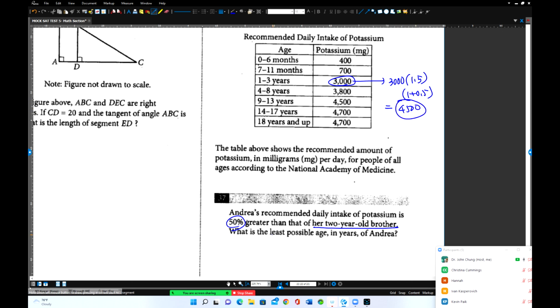But they're asking you to find the least possible age. Where is 4,500 milligrams of potassium? Over here. What's the minimum value? 9 years. For 9 to 13 years, they need potassium of 4,500. So from the equation, Andre will be 9 years old. That's the answer. That is number 37.